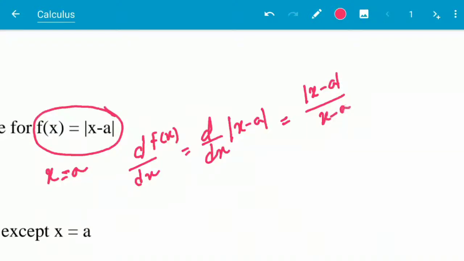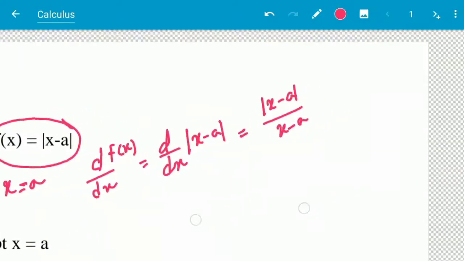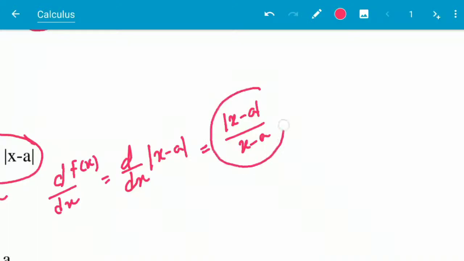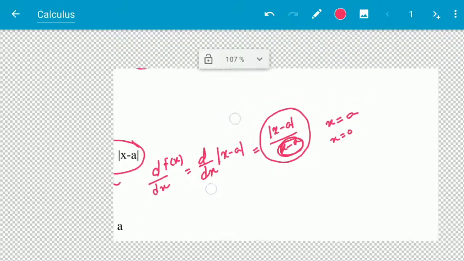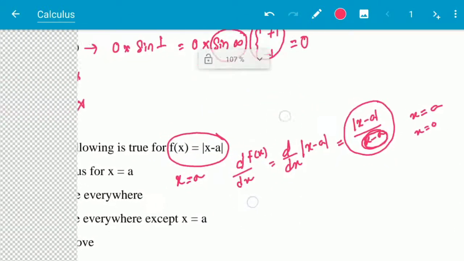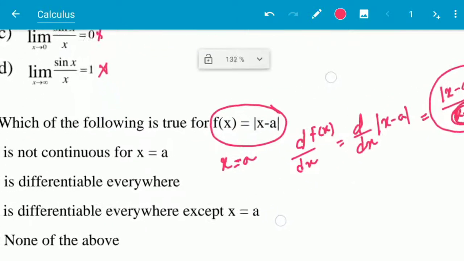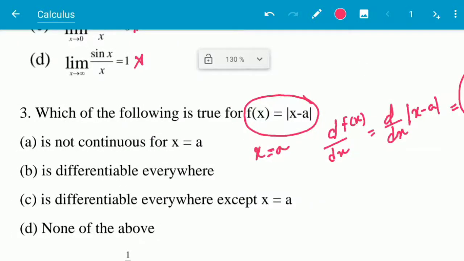This is the differential of a mod, and if we consider this function, it does not exist at x is equal to a, because at x is equal to a the denominator will be 0 and the whole term will be infinite. So this function does not exist at x is equal to a, so it is differentiable everywhere except x is equal to a. So option C is the correct answer.